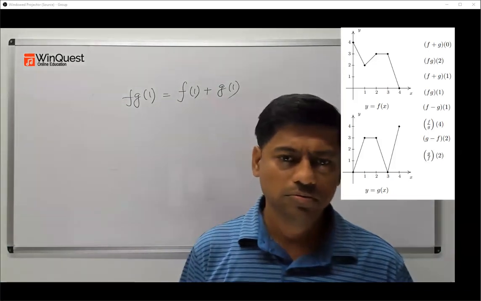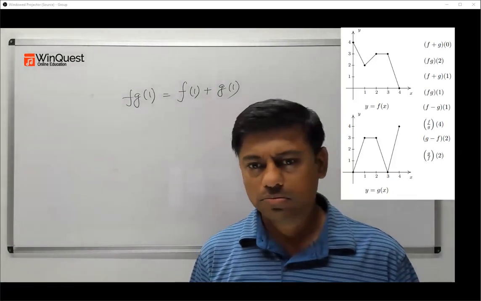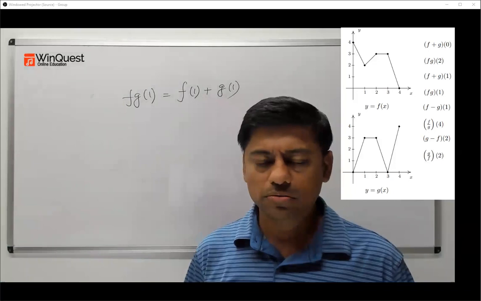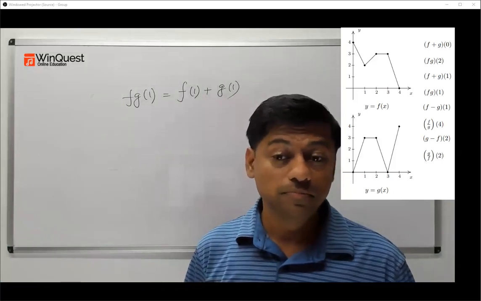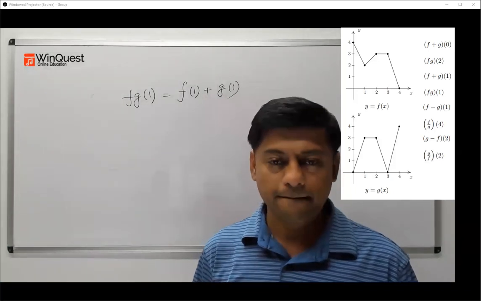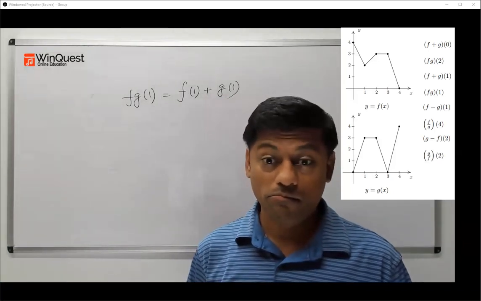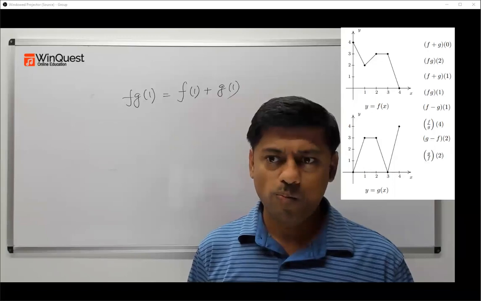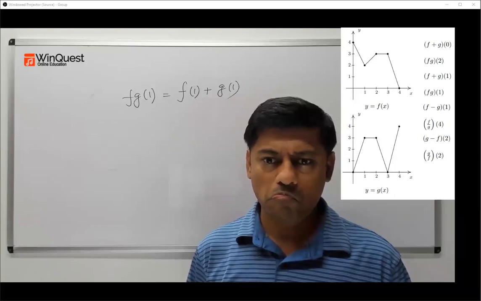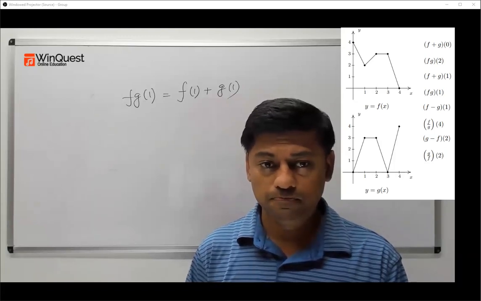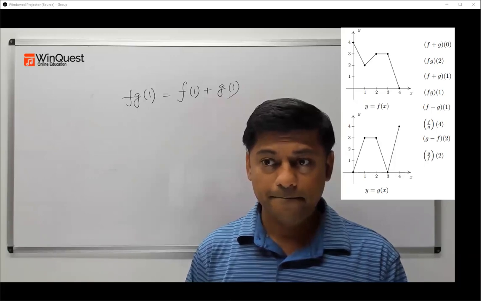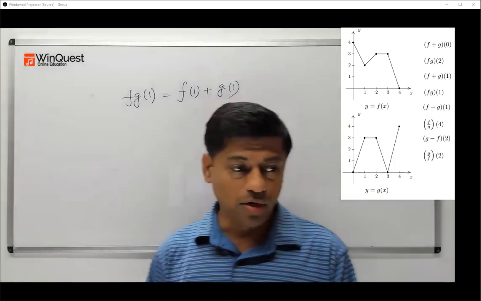Didn't you say that this is incorrect notation? You said that fg of 1 should be written as f of x times g of x. So it's f of 1 times g of 1. Very good, Karthik.